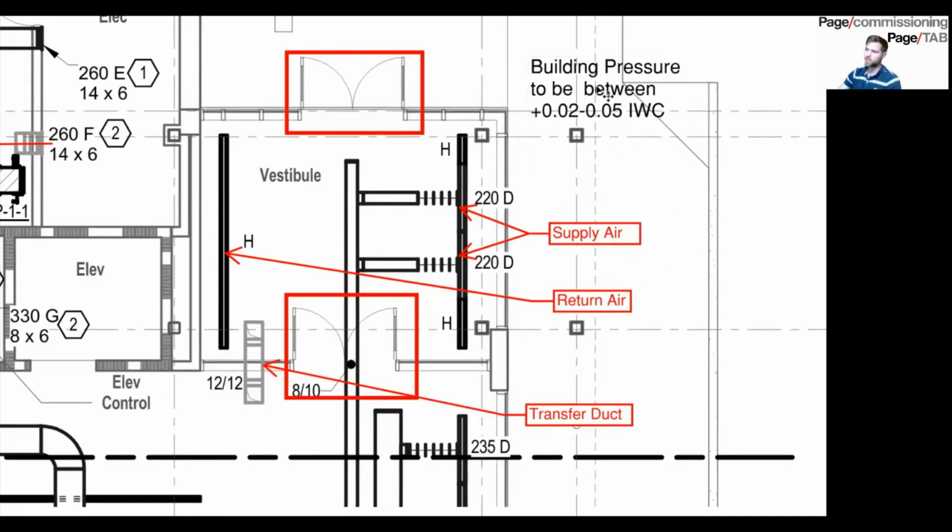If you're able to maintain that, it'll be good because you don't have any infiltration coming in. You won't get nasty mold in your walls and all that. So that's the pressure you're shooting for, and we actually had a negative 0.18.